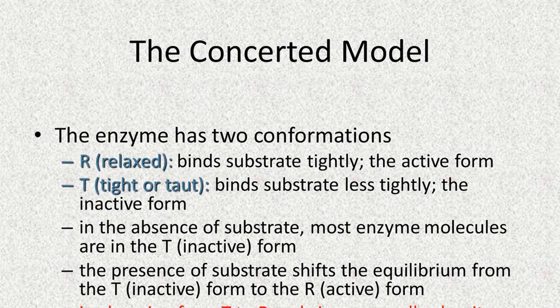The reason this is concerted is that the change from T to R must happen simultaneously, so all of the changes are concerted. If you have a 2 subunit protein or enzyme, both sides have to change from T to R at the same time. It's a concerted action.